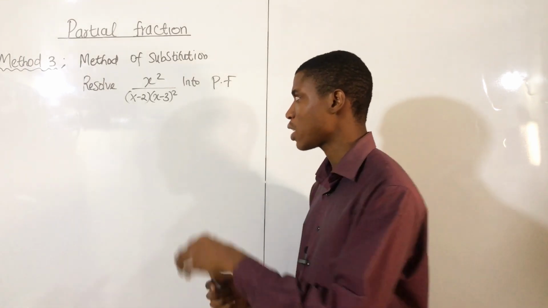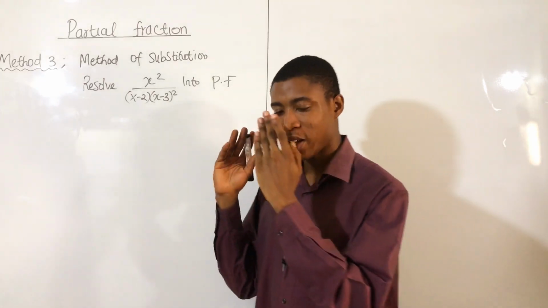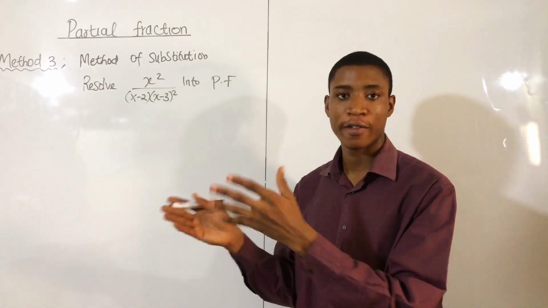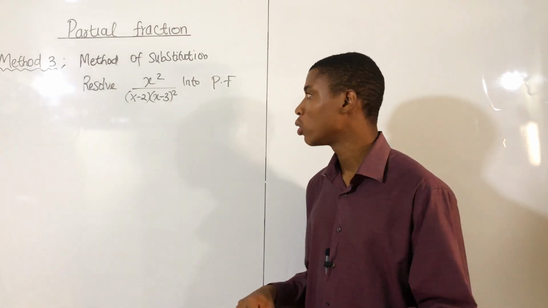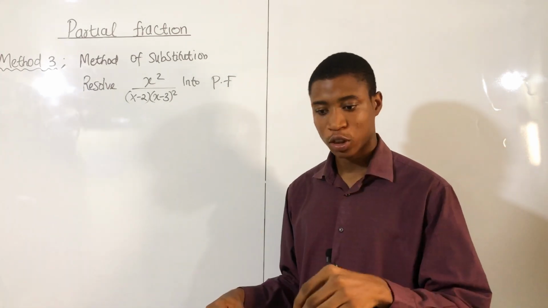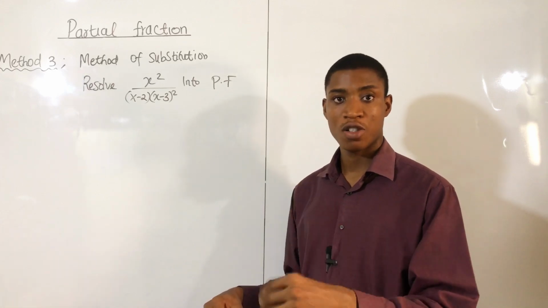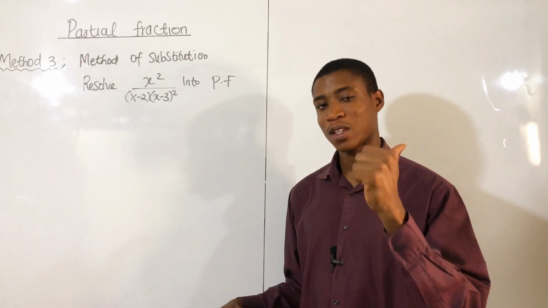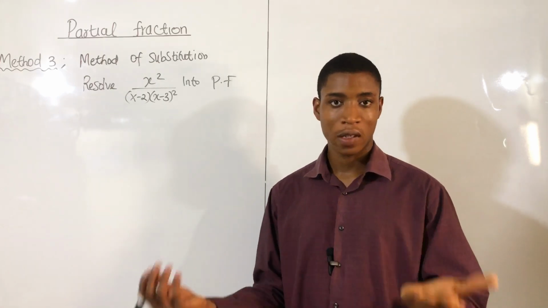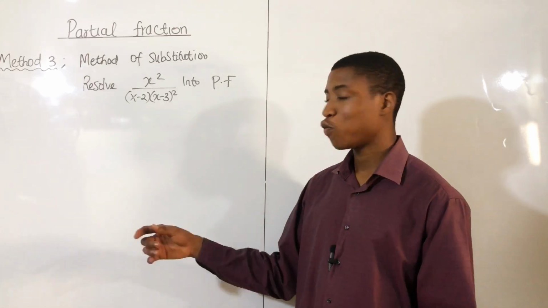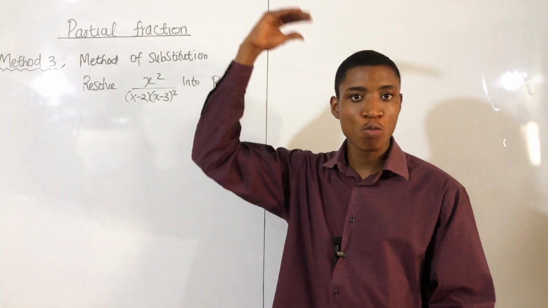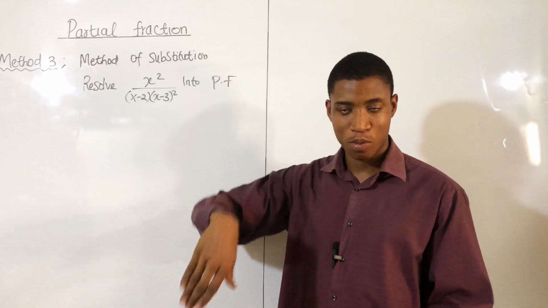This is very important, and I lay emphasis on which type of partial fraction this is, so we can have an overview of that type. The partial fraction is based on how the denominator looks, right? You must also know, I didn't say this at the beginning of our class, that you can't solve a partial fraction if the degree in the numerator is higher than the degree in the denominator.